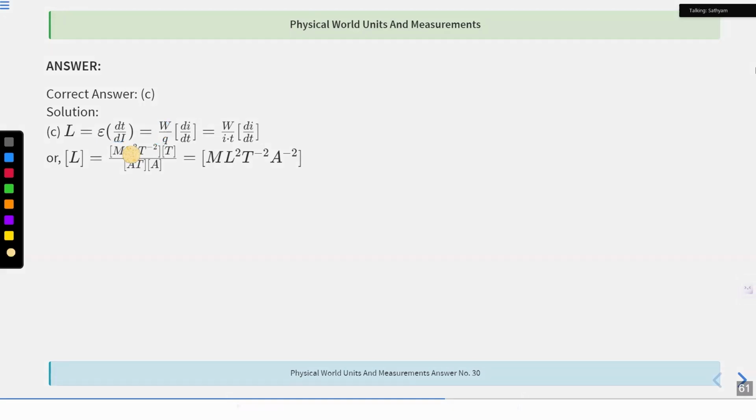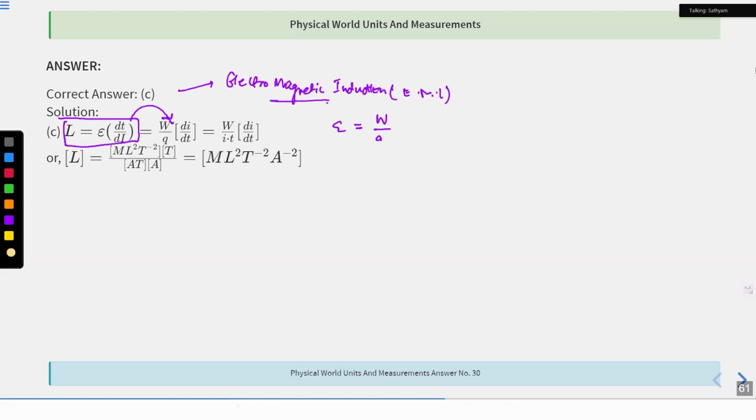This chapter is basically electromagnetic induction. I hope it's clear. Go through the EMI chapter. We study this formula, and you have to derive it like this: eta is equal to W by Q, then you have di by dt.